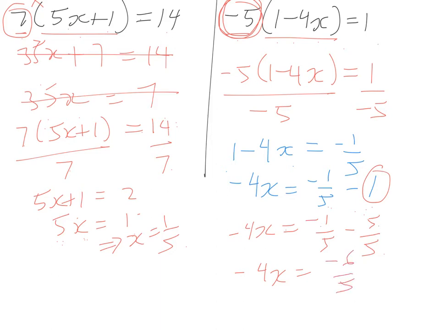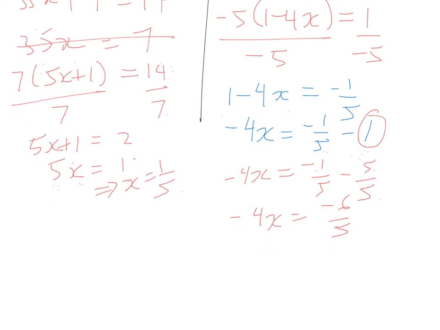And now, because we're multiplying by negative 4, we're going to divide both sides by negative 4. So we'll say negative 4x divided by negative 4 equals negative 6 over 5, and we're going to divide all that by negative 4.